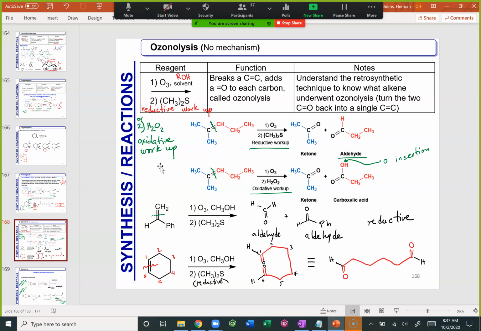Ozonolysis. I absolutely love ozonolysis. It's one of the coolest reactions, where the ozone is going to be broken down, not even to oxygen.